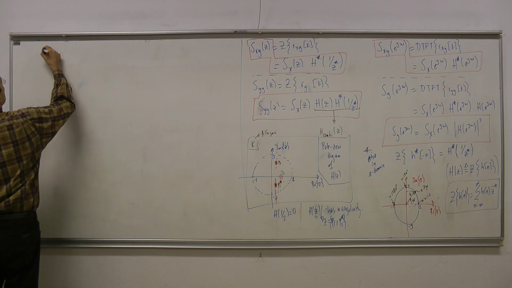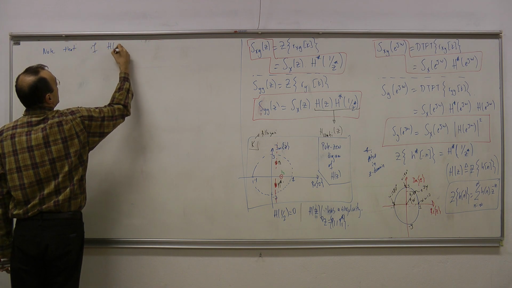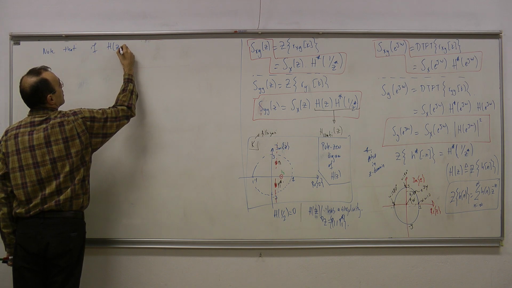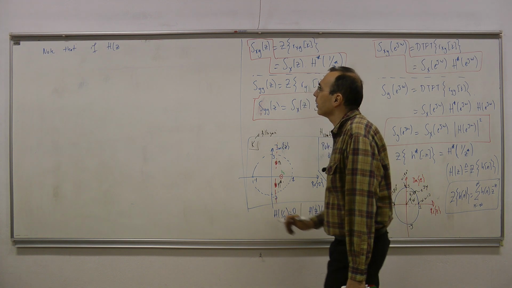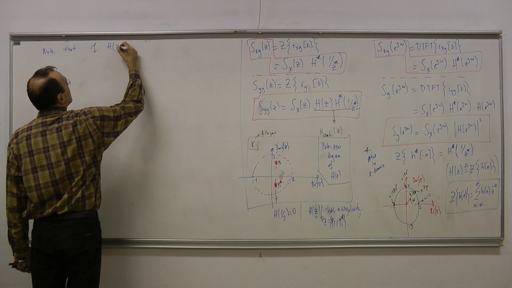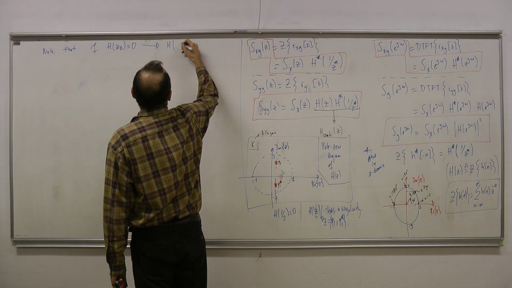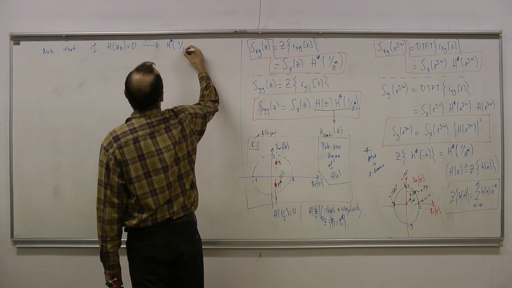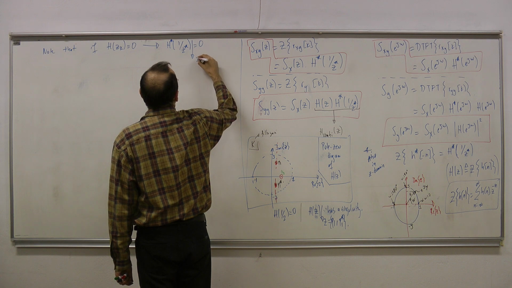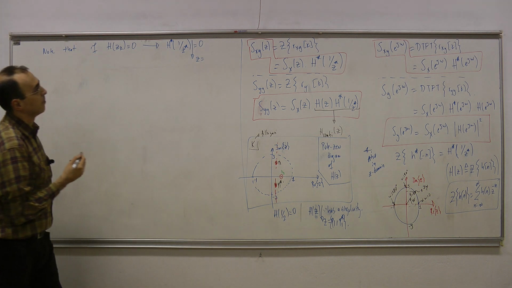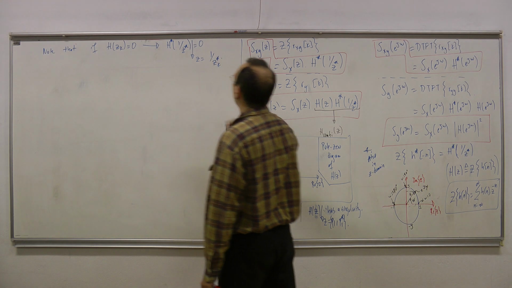Note that if H of zk is equal to 0, then H of the conjugate, 1 over z conjugate, is also equal to 0 when z is equal to what? 1 over zk conjugate.